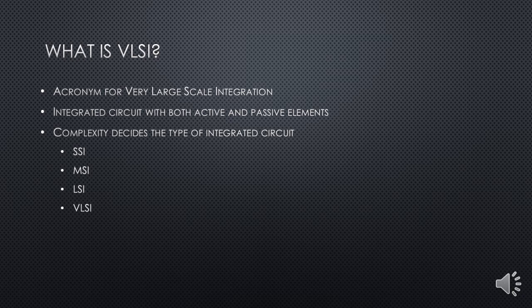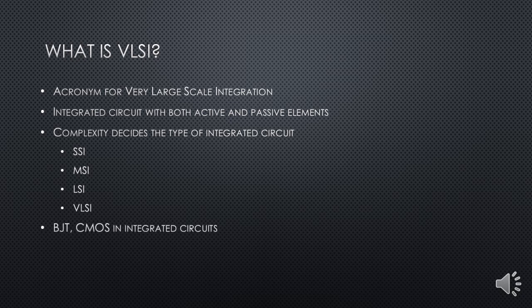If our chip or circuit has around 1 million transistors or more, we call it a VLSI. The typical chip in the current designs has more than 1 million transistors, whether it is an artificial intelligence chip, a graphic processor, or an SoC. It will have more than 1 million transistors inside.